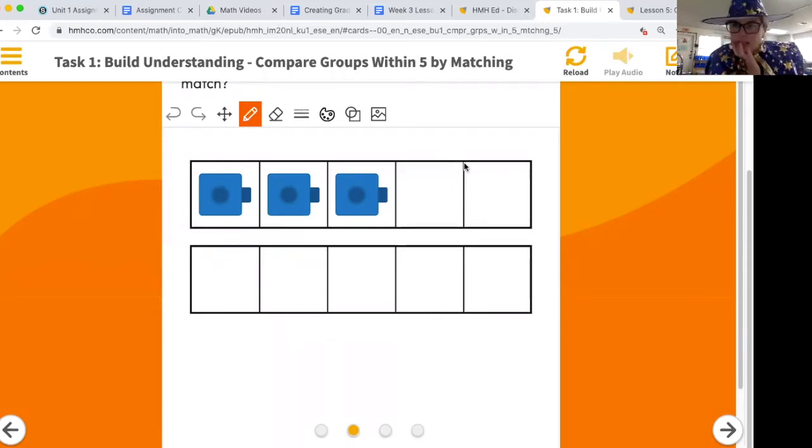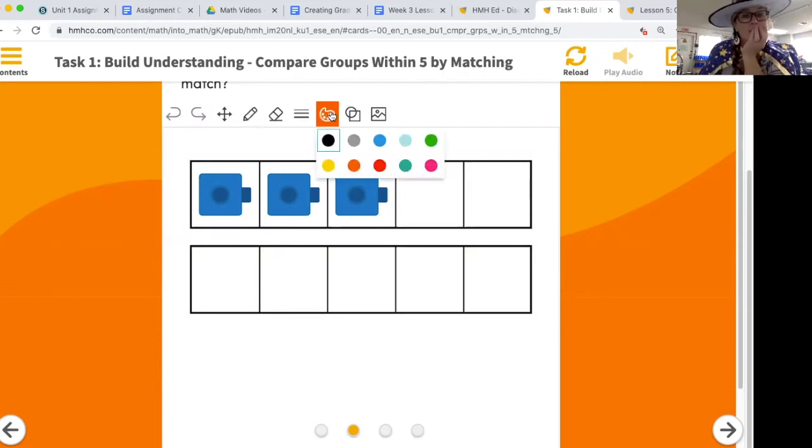How many greater did I say? Were you listening? Mrs. Baina has 1 greater than. What does greater than mean again? More. So you're going to draw cubes here that represent 1 greater than this number here. You also have to write the number.